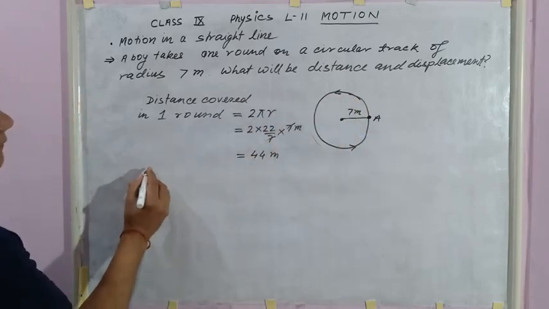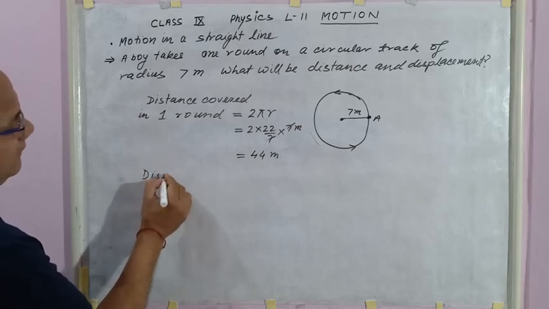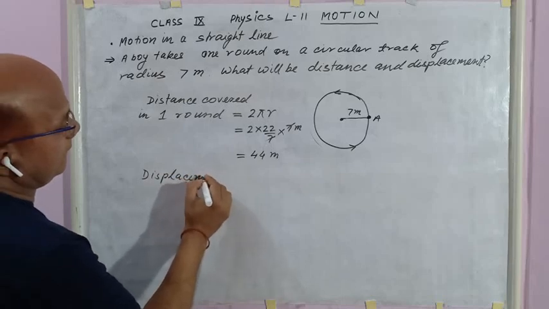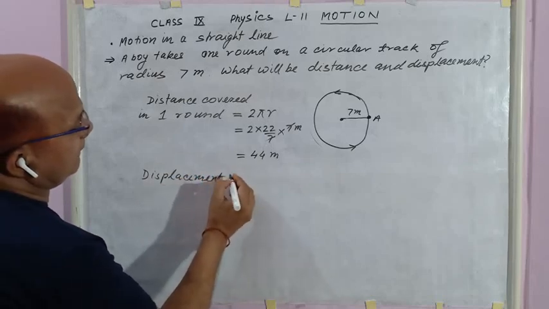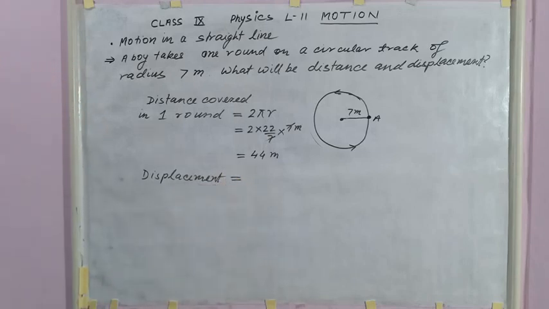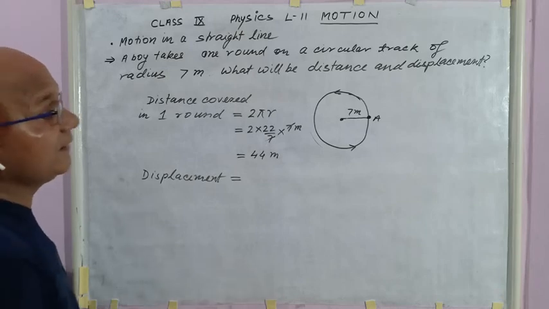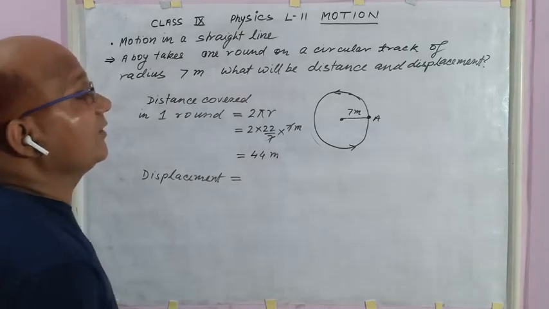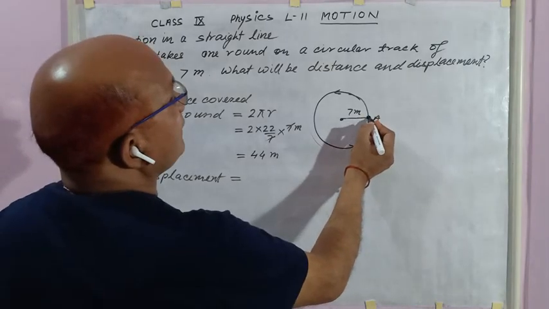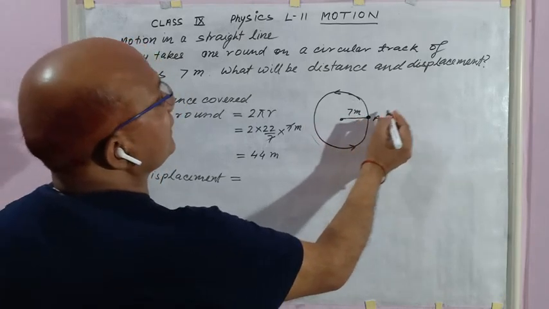So this is distance covered in one round on the circular track. And now what is displacement in this case? Displacement, as you know, is the shortest distance between initial and final position of the object. Suppose he starts from A and so this is initial position.